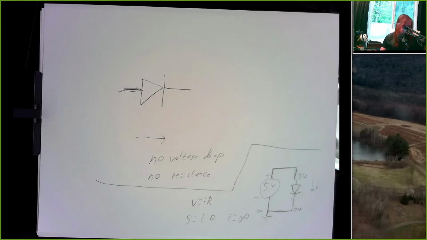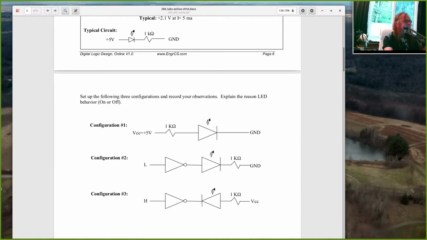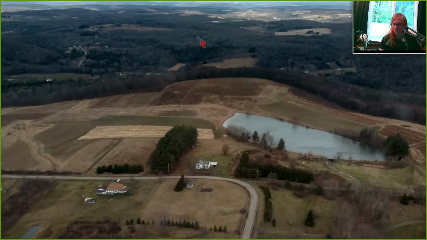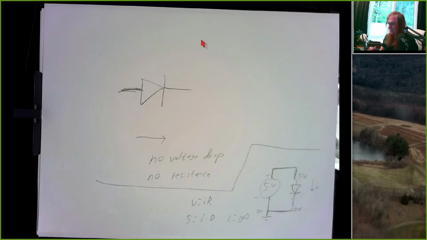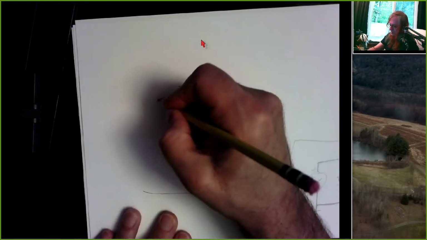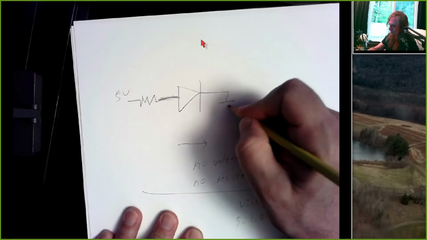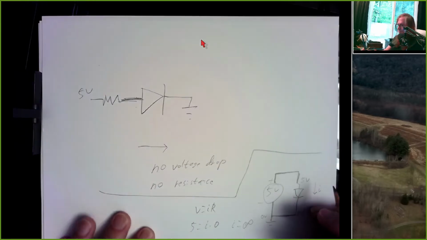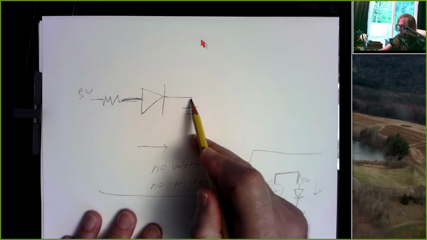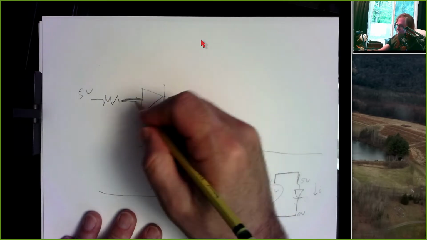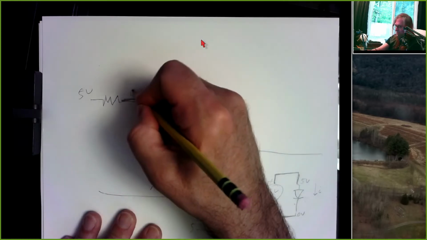So when we build a circuit like this with 5 volts, a resistor, a diode, and ground, or like the typical circuit with the resistor on the left, the only thing the resistor is doing is cutting current flow. So if I put a resistor over here and I put 5 volts and I put ground, well, since this is 0 volts here, and the diode does not cause a voltage drop, this is 0 volts here.